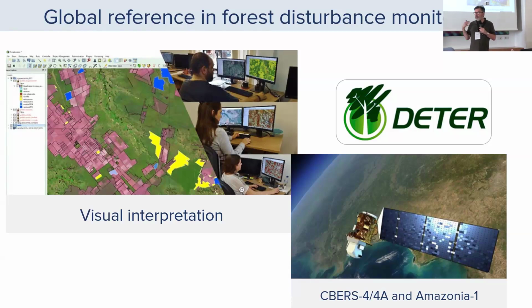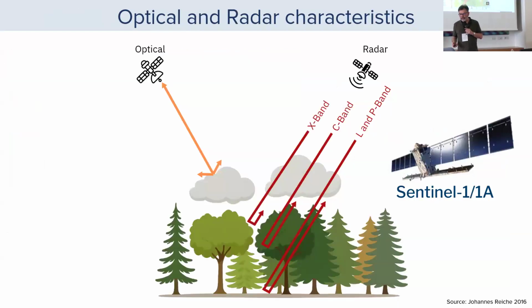So essentially, you get a new image of the Amazon every 2 days, which you cannot get currently under Sentinels.